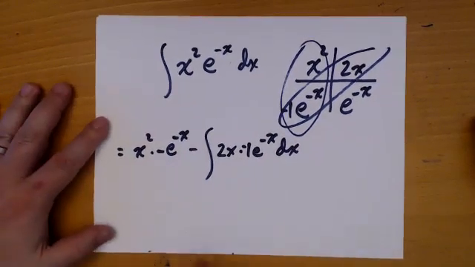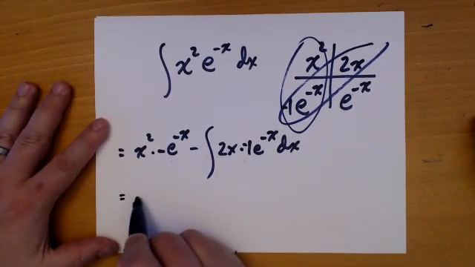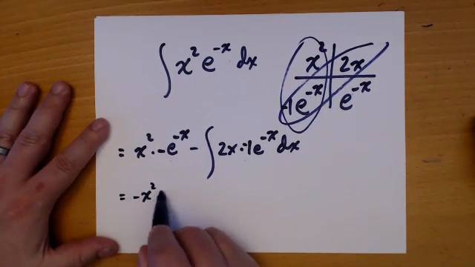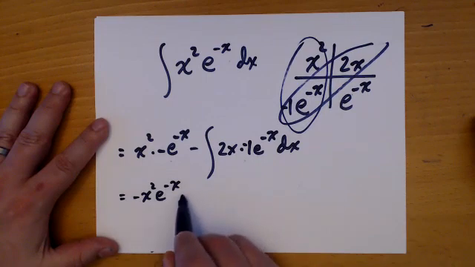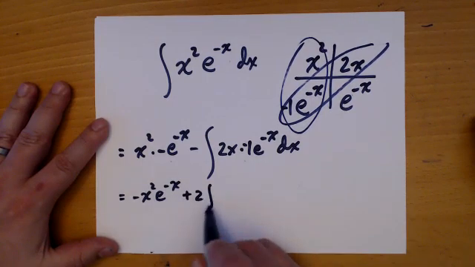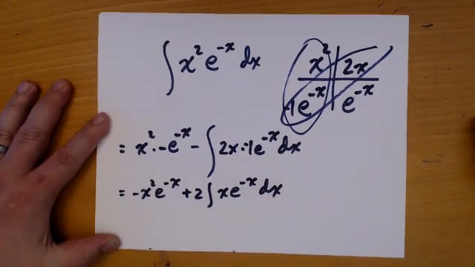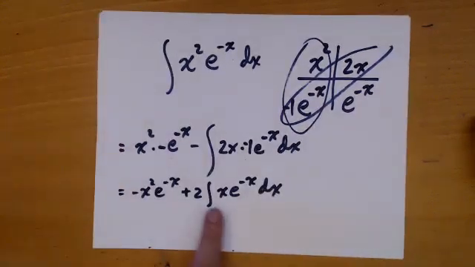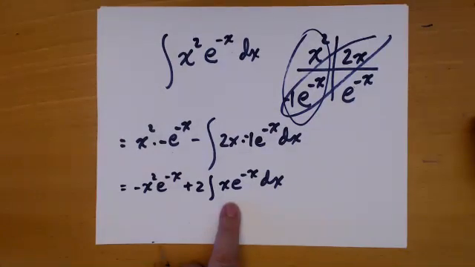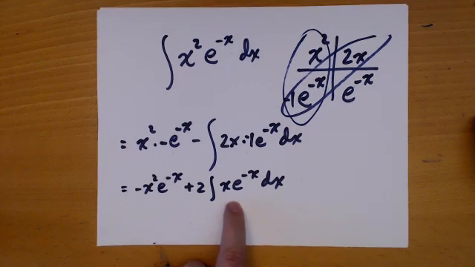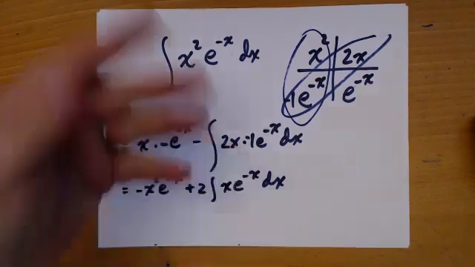And now we can clean that up. Okay, and now all we got to do is integrate that. So how do we do that? Same thing. Yeah, we have to do integration by parts again.